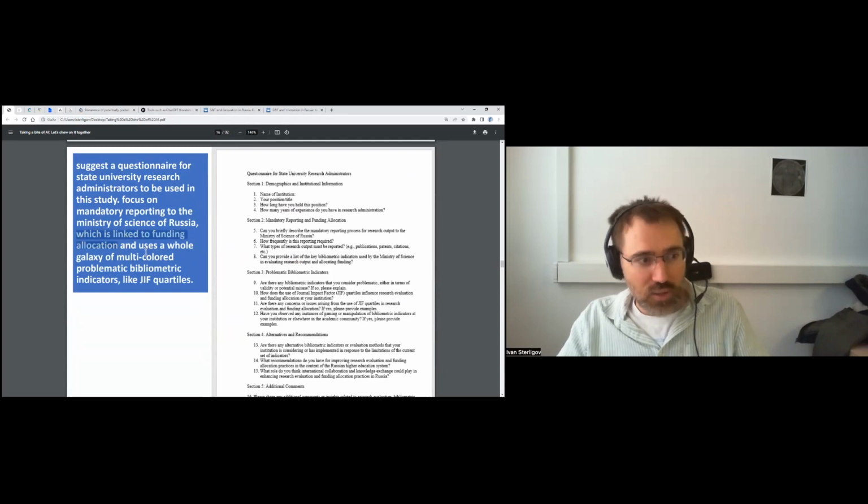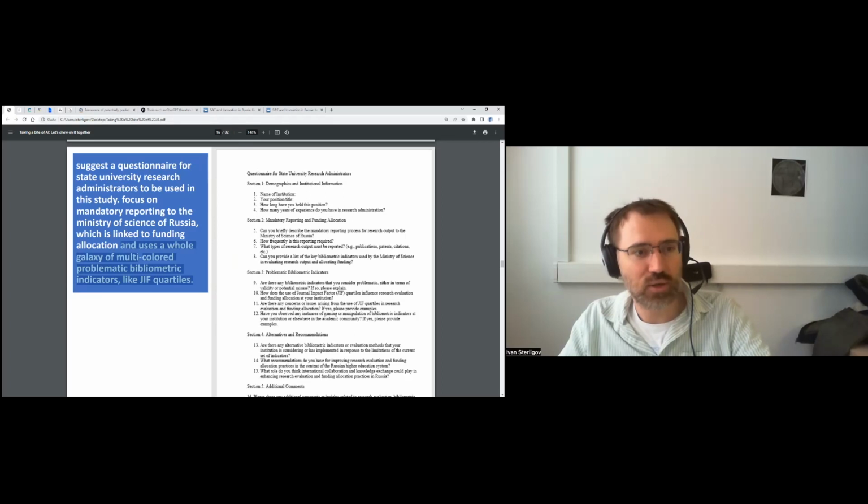allocation and uses a whole galaxy of multicolored problematic bibliometric indicators like quartiles, Q, like they say in Russia. This Q is what has dominated Russian academia, at least for the previous 10 years.